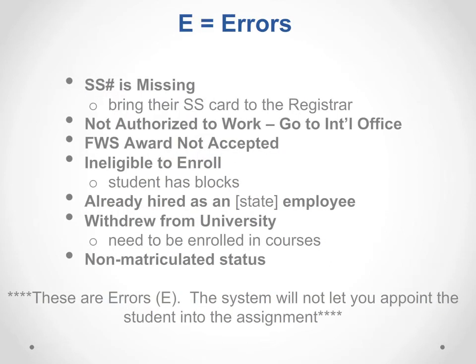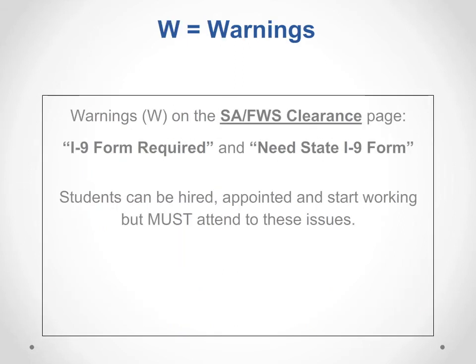Here is a list of common errors you may run into. If the student has an error on his or her clearance page, the system will not let you appoint the student into the assignment at this time. Warnings on the clearance page will allow you to appoint the student into an assignment, but they must be attended to. These are usually I-9 form issues.